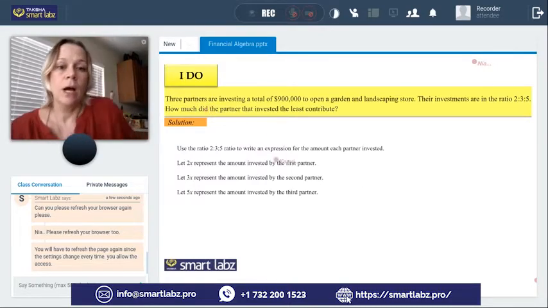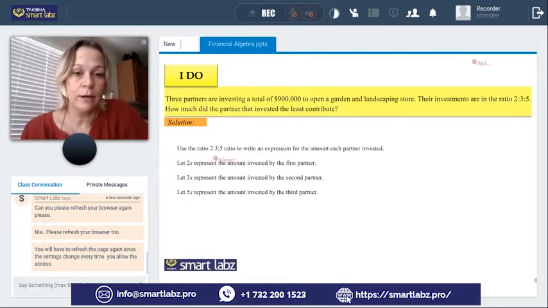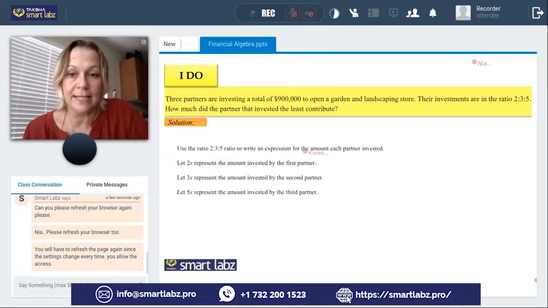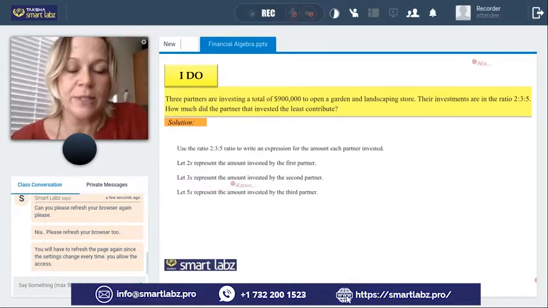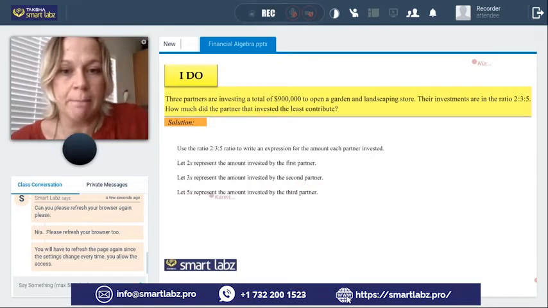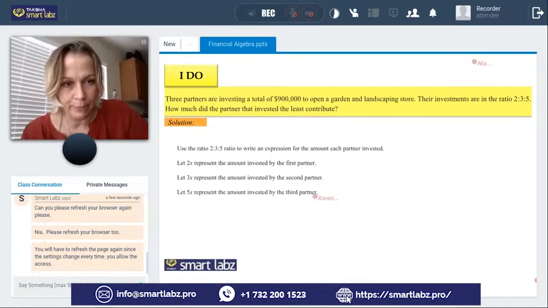So it says the ratio of 2 to 3 to 5 is written as an expression for the amount each partner invested. So let 2x represent the amount invested by the first partner, 3x represent the amount invested by the second partner, and 5x represent the amount invested by the third partner. Okay?